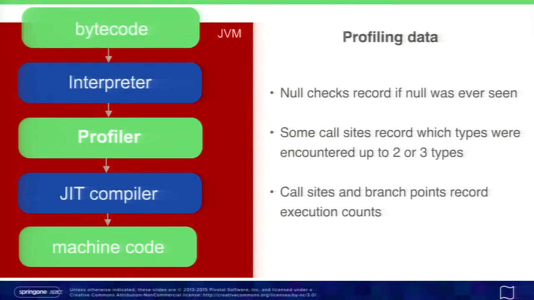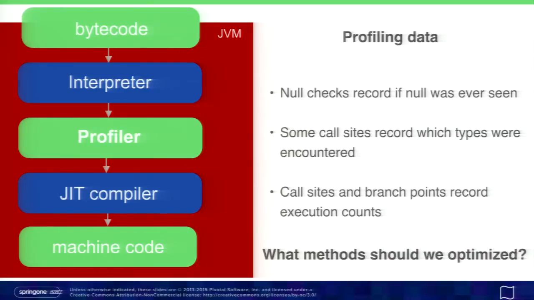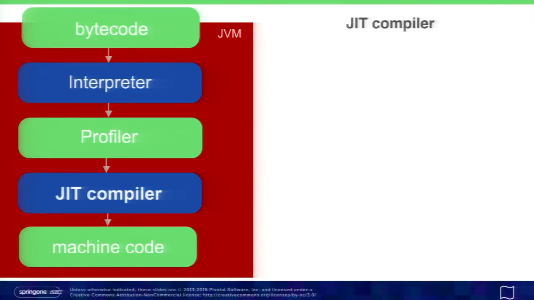And then it's going to keep execution counts. So how many times has this method been called? How many times has this branch point been called, et cetera. And the goal of this profiling data is to really determine what methods we should optimize. And the JIT compiler is there to optimize, and there are actually several modes of compilation.